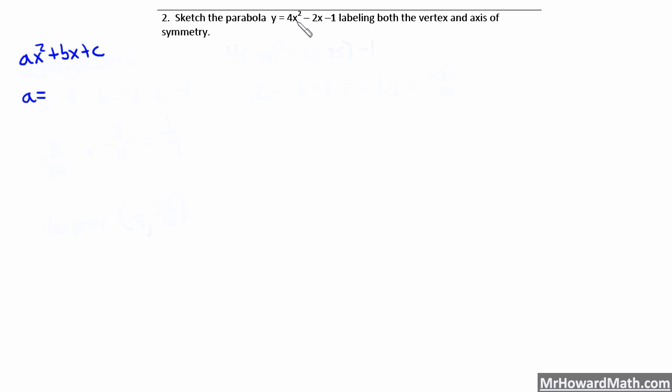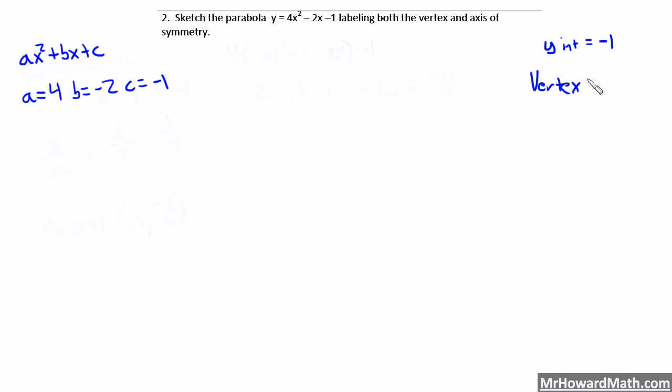Alright, so a equals 4 in our case. Our b value equals -2. And our c value in our case is -1. The c value right away gives us our y-intercept. So I'm going to start writing this stuff over here. y-intercept equals -1. We've already identified that.